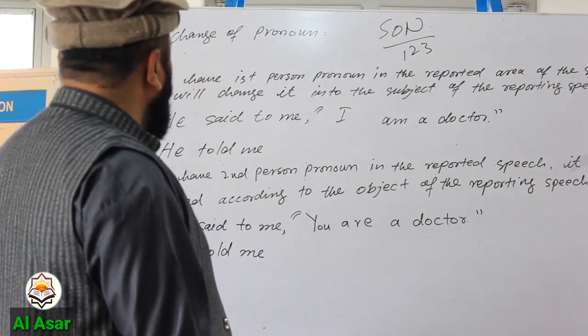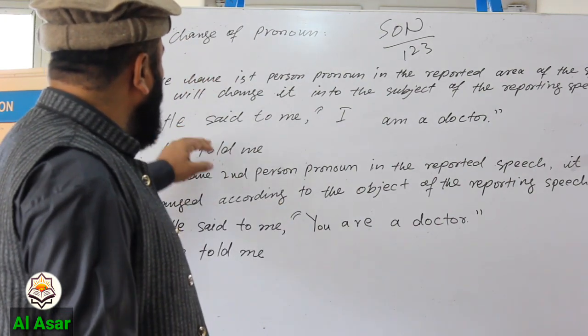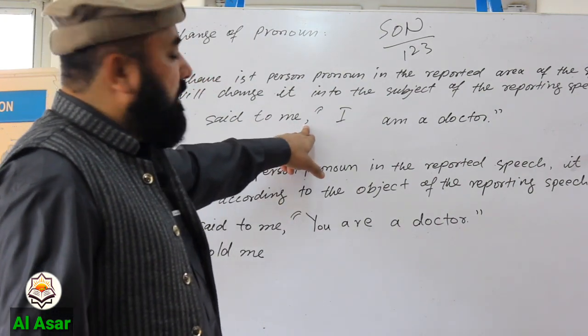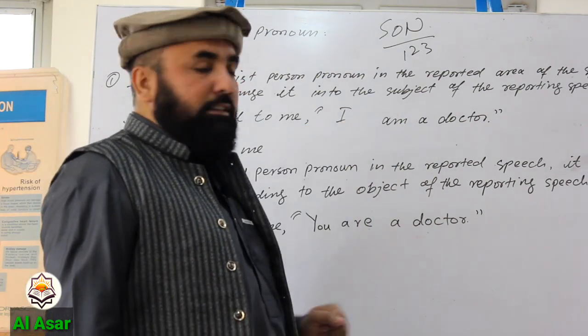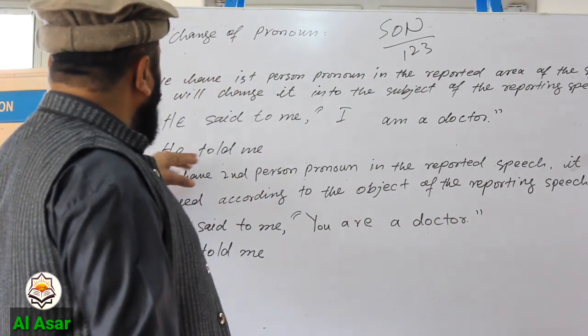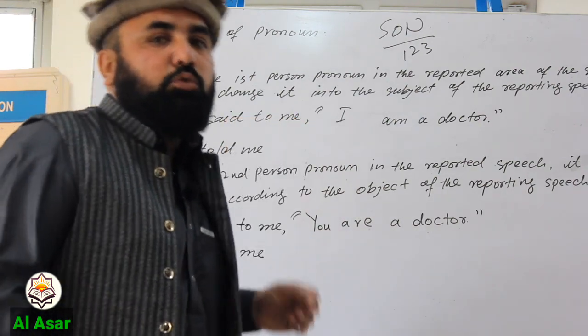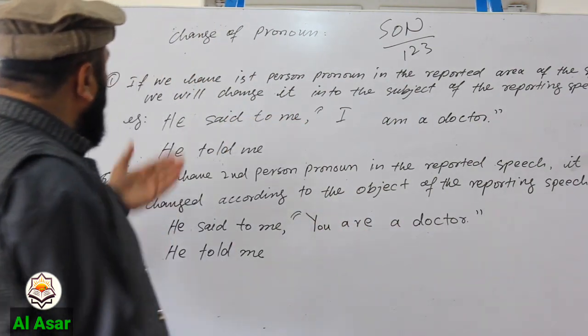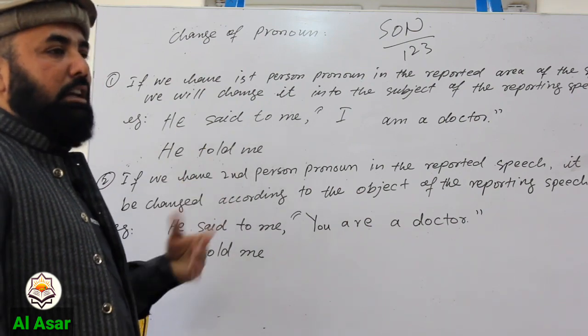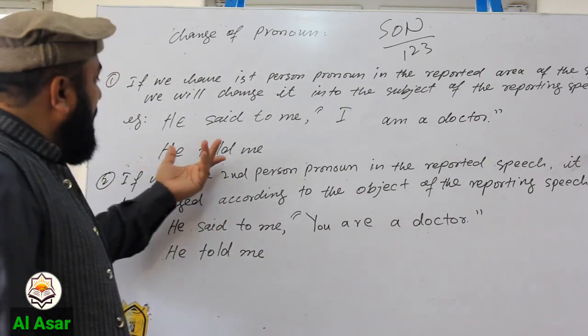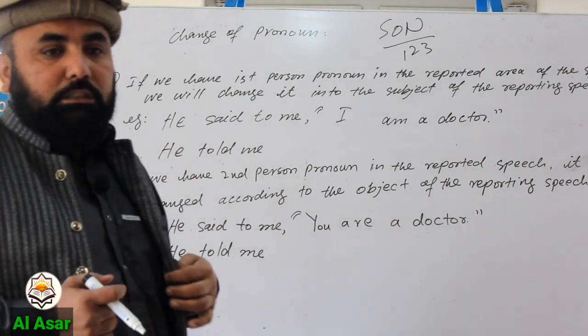For example, look into this one. This sentence, he said to me, comma, I am a doctor. Now look, it will be changed into told. Some of the students are asking why do we use said in direct speech and why do we use told in indirect speech?